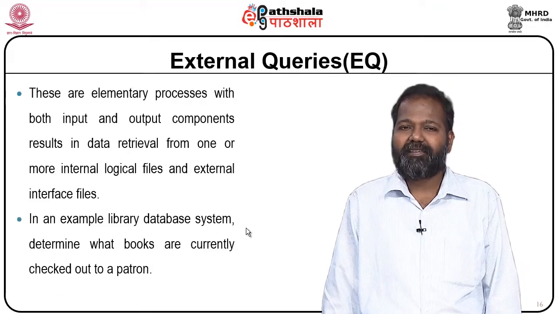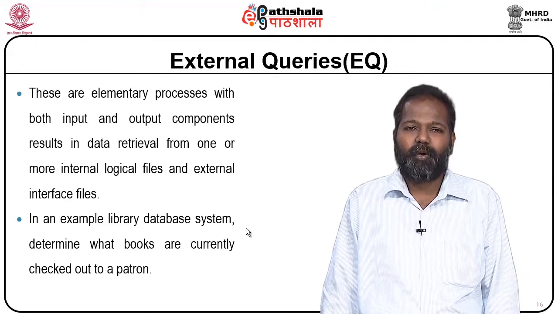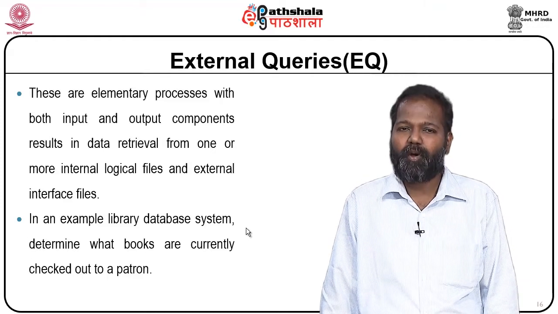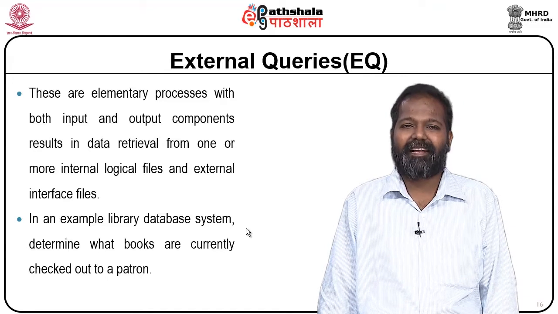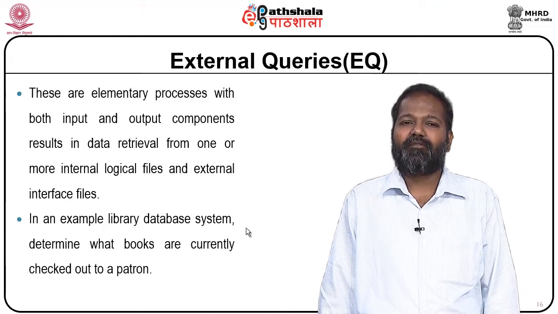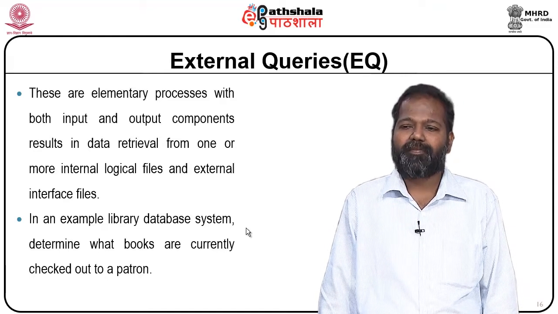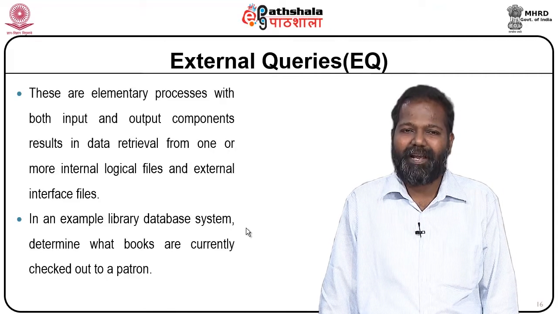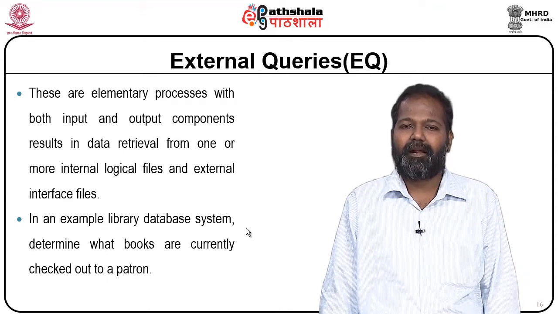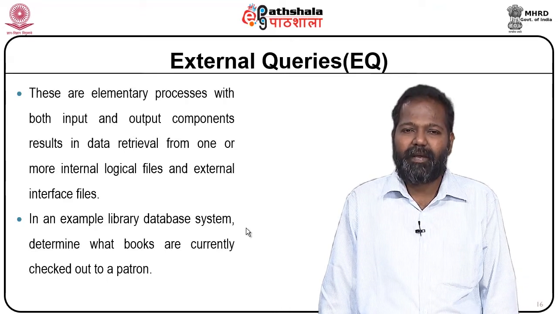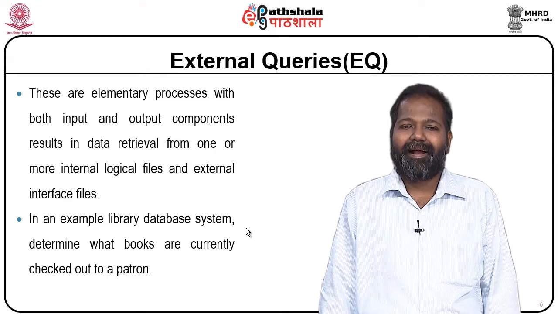External queries: these are elementary processes with both input and output components and result in data retrieval from one or more internal logic files and external interface files. In an example library database system, determine what books are currently checked out to a member.